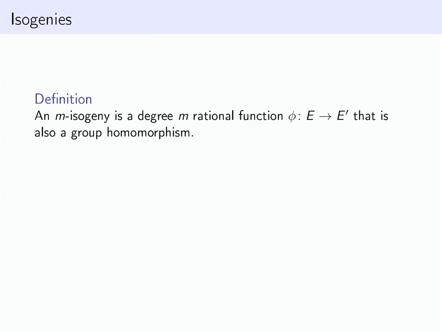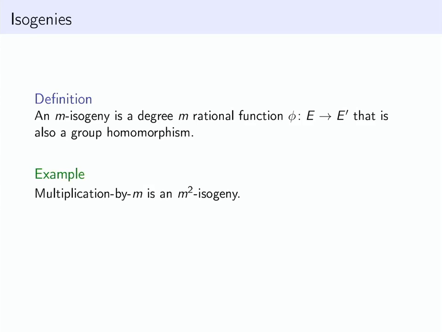Well, an M isogeny is a degree M rational function from one elliptic curve to another that also respects the group law. And so you can imagine that maybe by mucking around with equations, you can come up with some rational function that takes points on this elliptic curve to points on that elliptic curve. But it should probably be pretty hard to make it also simultaneously respect the group law and be a homomorphism. An example, though, to prove that isogenies do indeed exist, is that multiplication by m works as an isogeny.